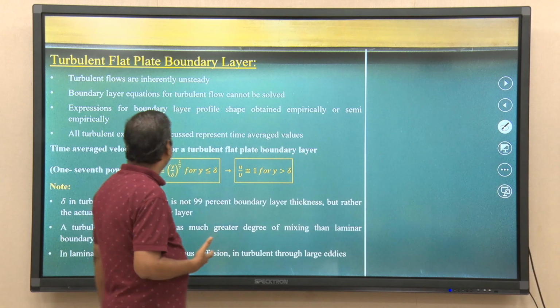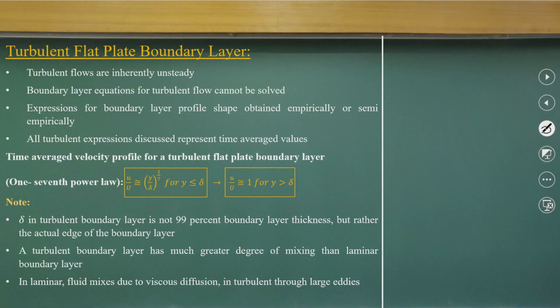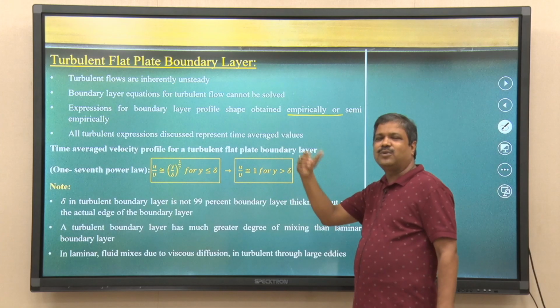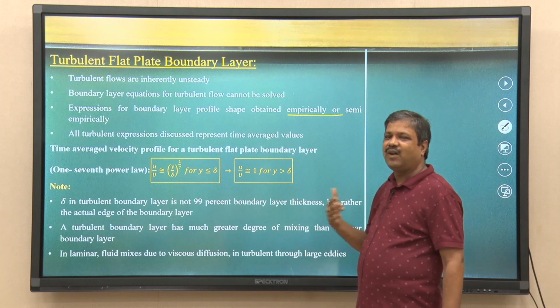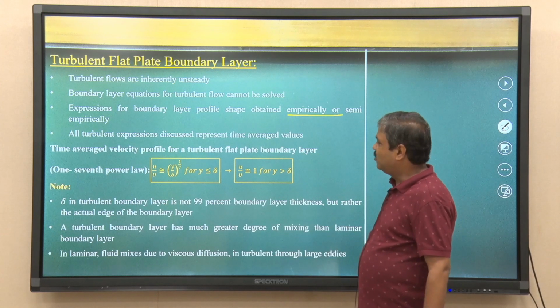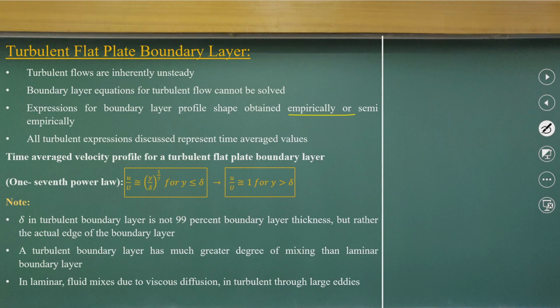One of the very basic equations deals with these time average components. It is empirical in nature, which means we mostly get it from experiments and try to fit equations. The most famous equation for the time average velocity profile is the 1/7 power law. That means u, the velocity, over the free stream velocity.